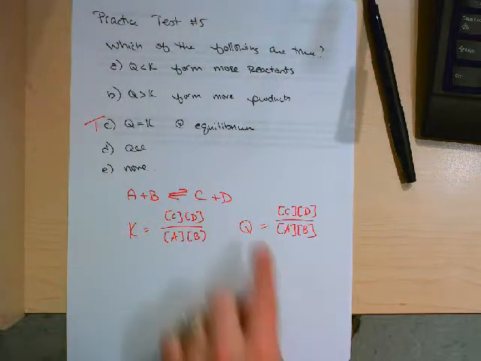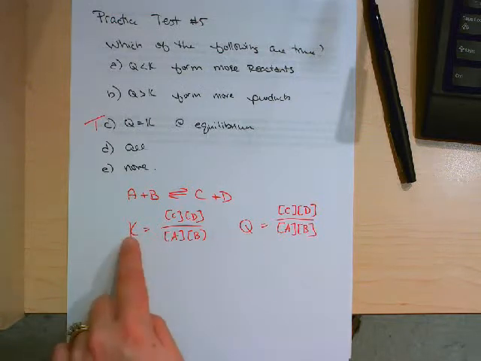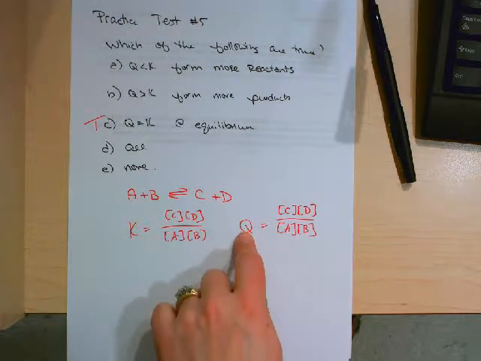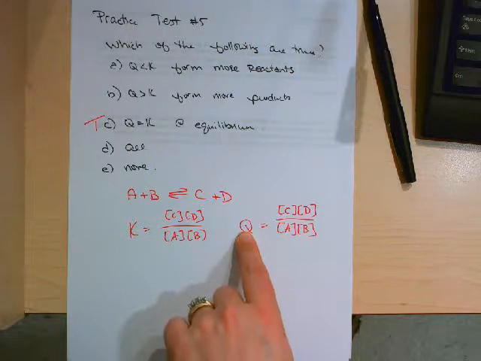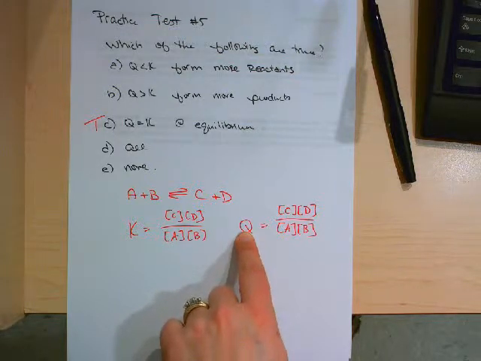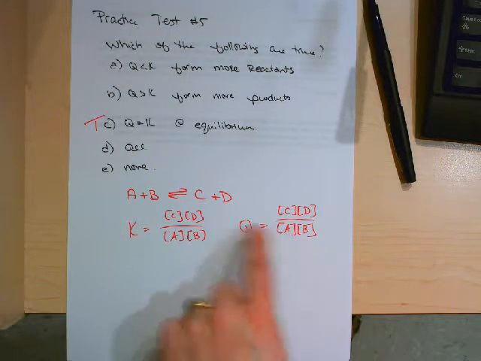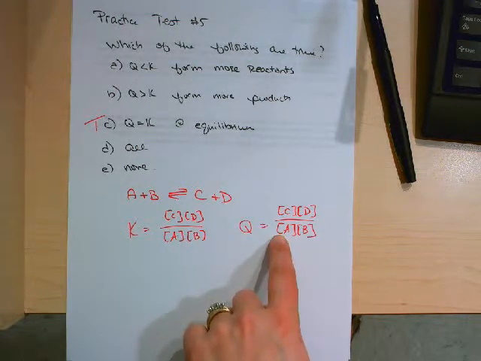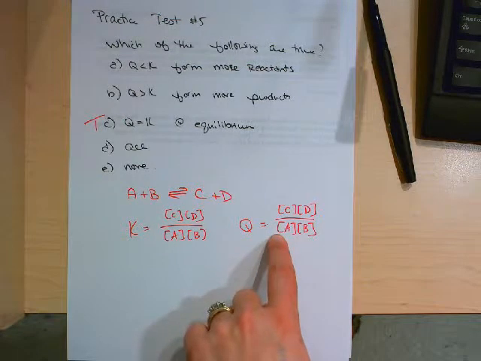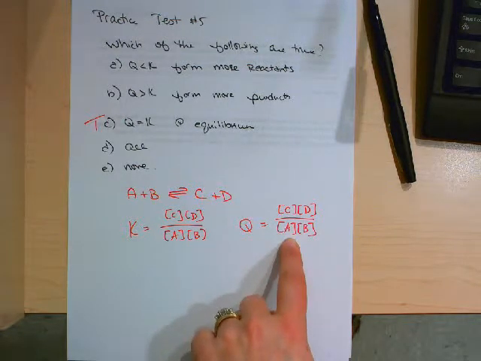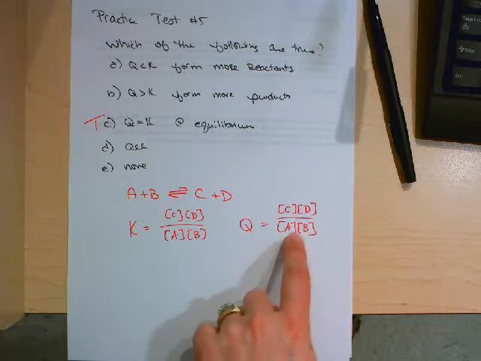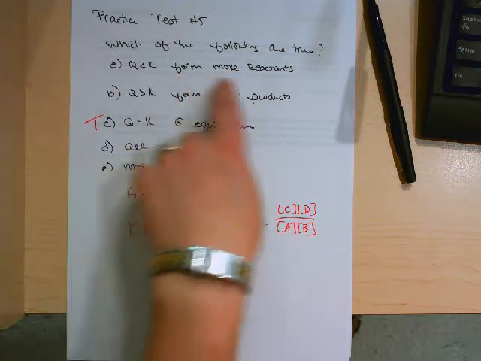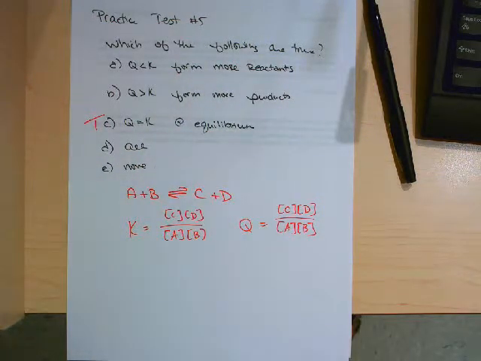If this value is smaller compared to this value, do I have too much numerator or too much denominator? Too much denominator, right? For this value to get smaller, you have to make the denominator bigger. So if the denominator is bigger, what do I have too much of, reactants or products? I have too many reactants. So do I want to form more reactants? No.